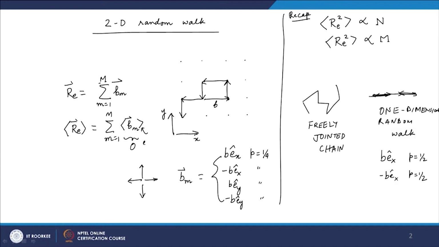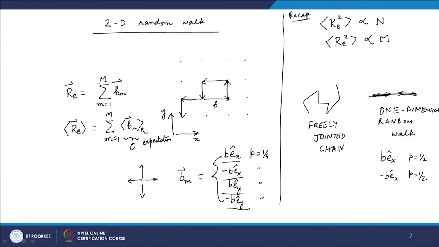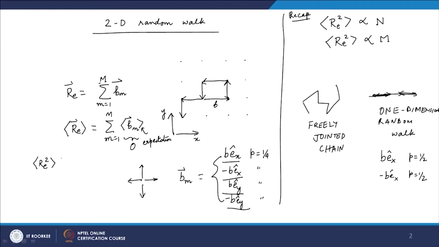Okay. This, by the way, is also what is known as the expectation in mathematics. That is, we multiply every possible value with its probability and add them together. If I multiply each of them by 1/4 and add them together, we will get 0. Okay. And then again the square of this, by the same logic as what we had earlier, can be something like this.